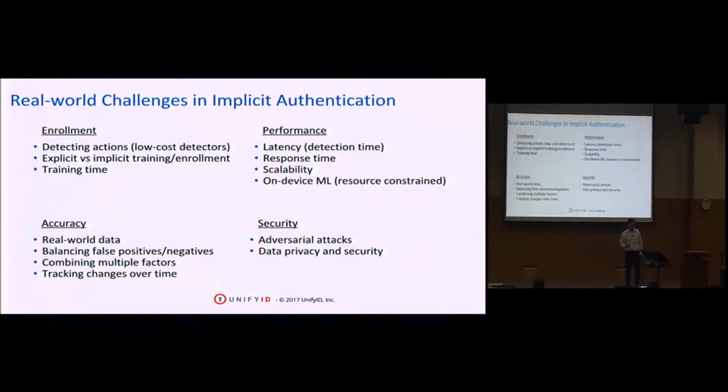So let me talk about some of the real world challenges in actually implementing this kind of system. Because it all sounds great, and it's clear to us at least that in the future, your authentication is going to become much more continuous and much more seamless. So you're going to walk into your house, and your house will recognize you. Your car will recognize you.